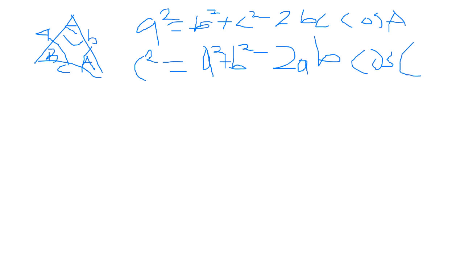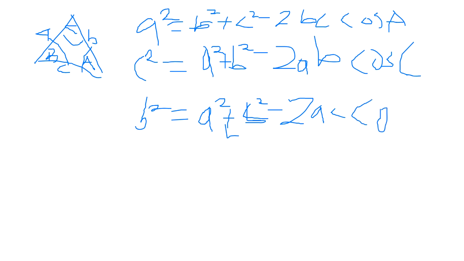Then the last one, b squared is the same as a squared plus c squared minus 2ac cos B. So that is all that the cosine rule is saying.